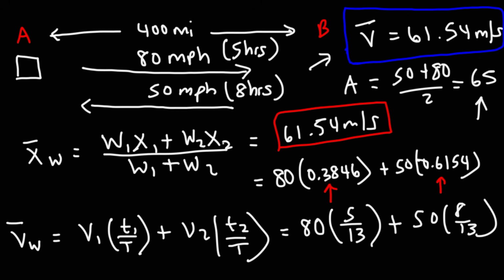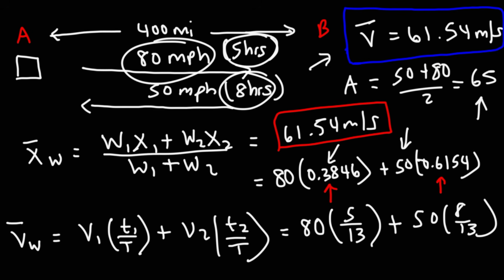The reason is this car spends a longer time at the lower speed. It spends a shorter time at the higher speed. So the lower speed has more weight in this problem because the car spends 8 hours at 50 miles per hour, but it spends a shorter time of 5 hours going at 80 miles per hour.